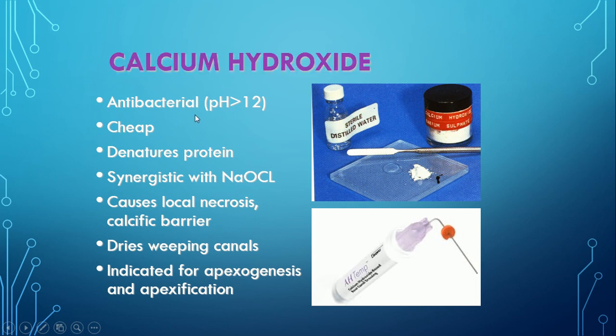First of all, we will talk about the calcium hydroxide intracanal medicament. It has an antibacterial effect and its pH is more than 12. It is cheap. It can denature protein of the cell membrane of bacteria.